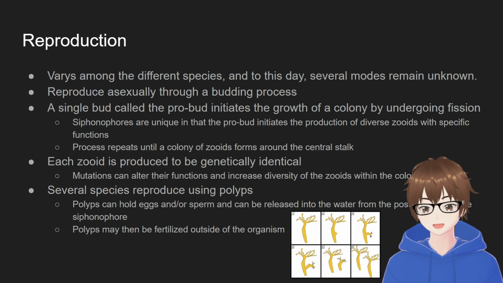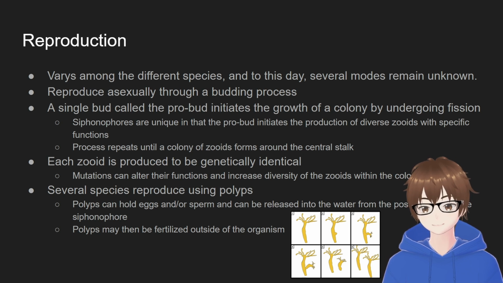So this one probud has all the information to grow the feeding cells, the reproduction cells, the movement cells, all the different cells can be grown from that one bud. And this process repeats until a colony of zooids forms around a central stalk.